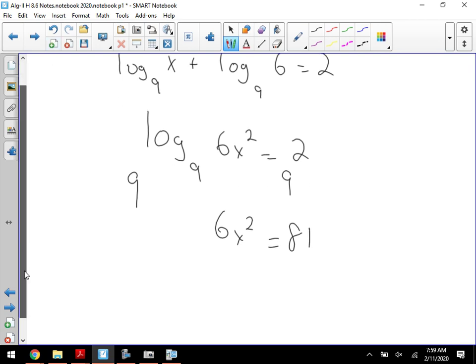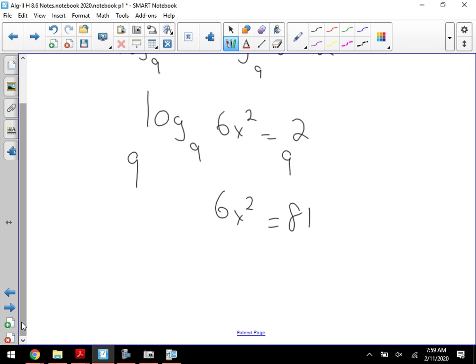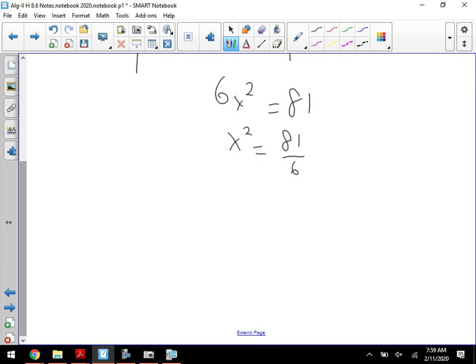Okay. Now to solve for x, we just divide out. So x squared is 81 over 6, and then we square root it. So you get x is plus or minus 9 over the square root of 6, which means I have to rationalize it out. So you multiply top and bottom by root 6, you get 9 root 6 over 6.